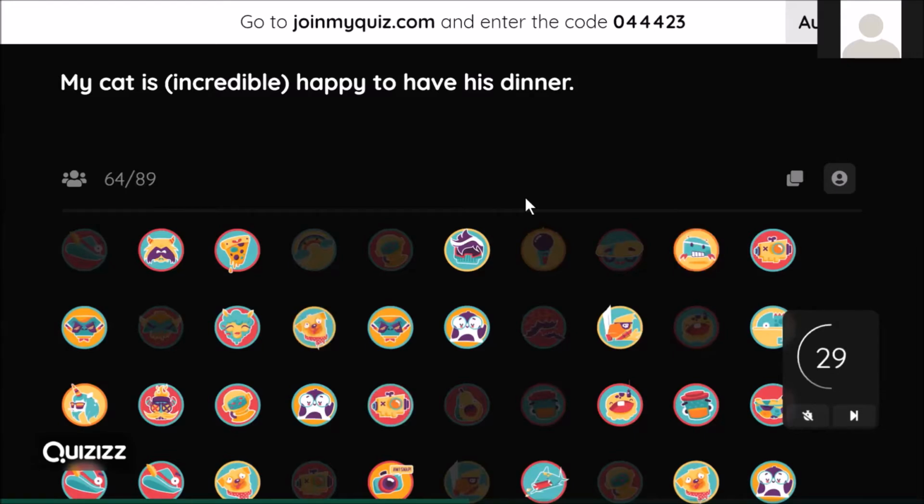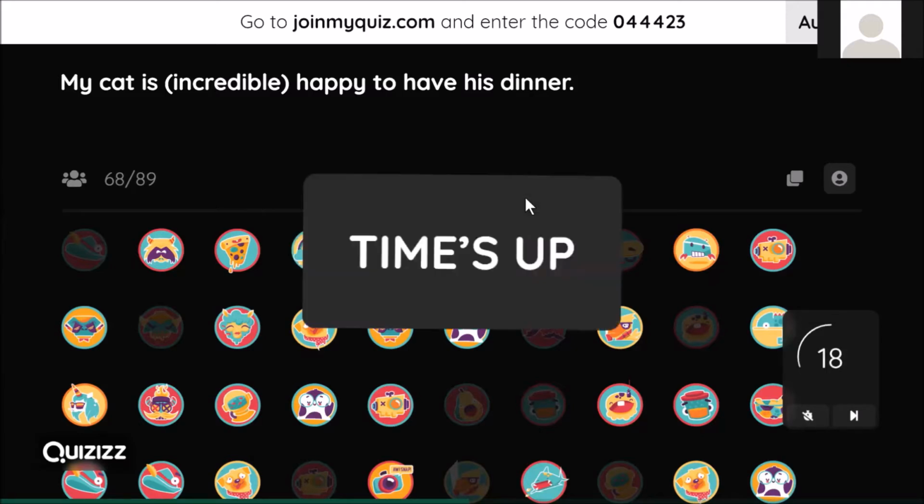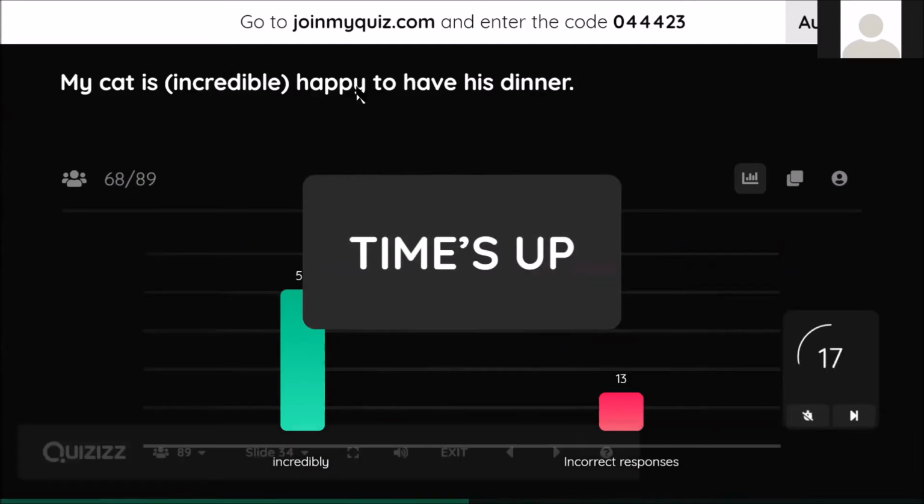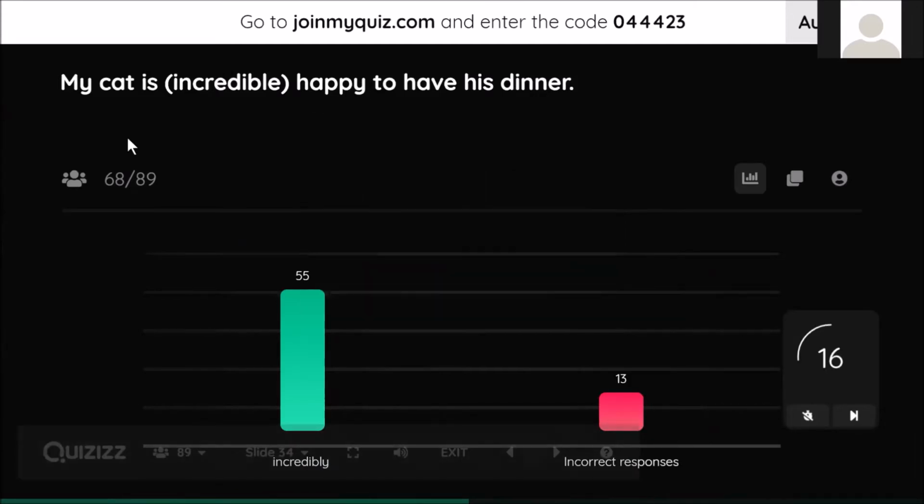So what's the adverb of incredible? So you're describing this word happy, happy 是形容词，所以你要用 adverb 来形容它形容词。So the answer is incredibly happy. Okay, incredibly happy. So 如果是 le 的话，你变成 ly. A lot of words are like that.